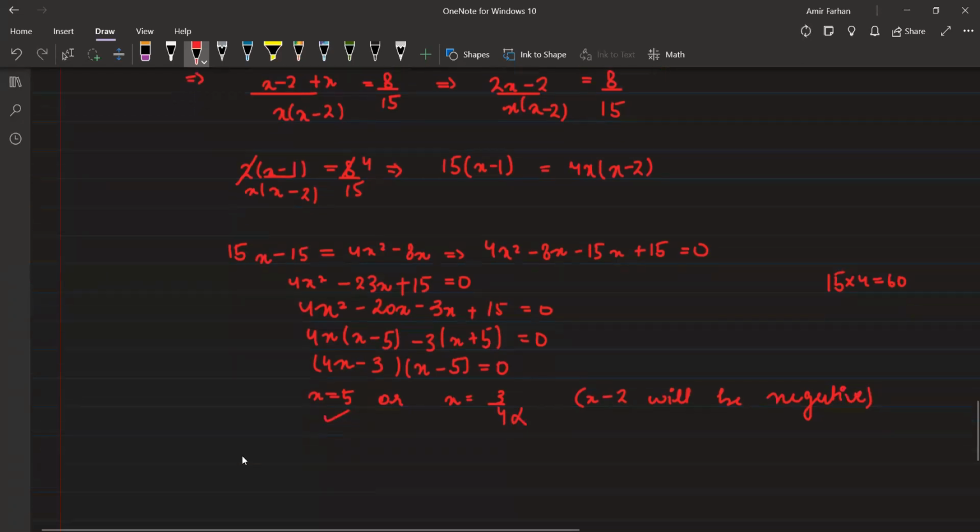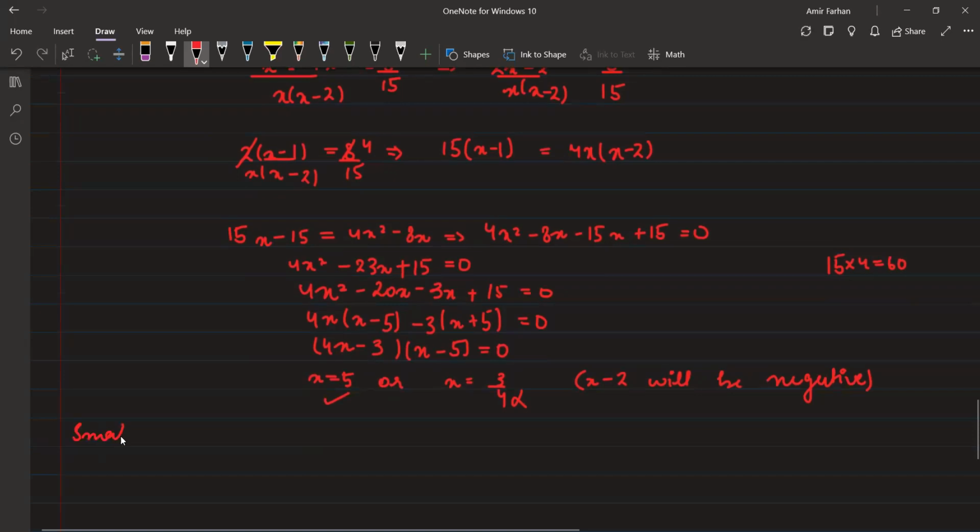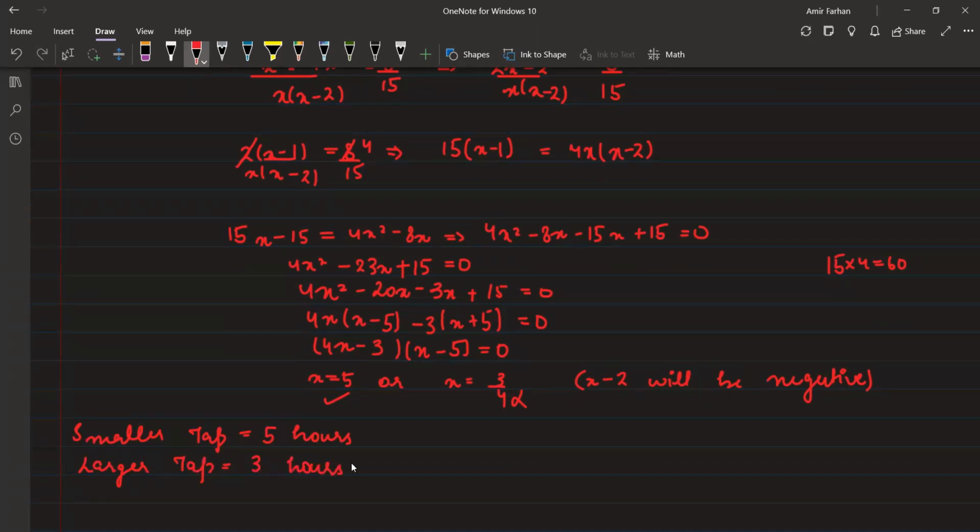So x is 5: the smaller tap will take 5 hours, and the larger tap will take 3 hours. So how is it 3 hours? x minus 2 is equals to 5 minus 2, that is 3 hours. Clear? This is the answer.